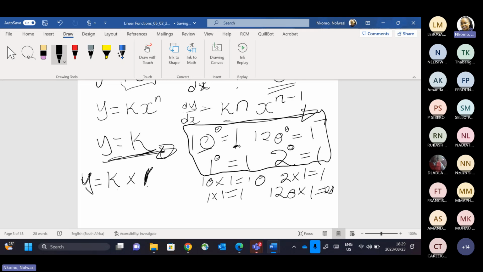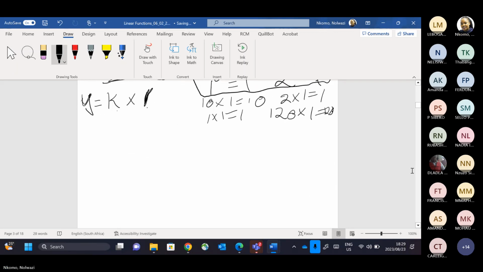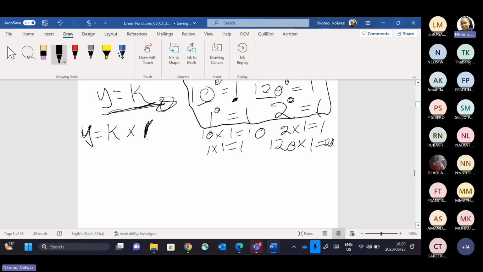We can write 1 as 120 to the power 0, right? We can write 1 as 2 to the power 0, right? Okay. I'm going to let this one be x to the power 0, because x to the power 0 is the same thing as 1, right?